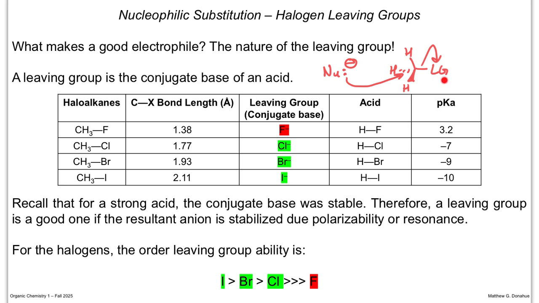for the leaving group, if we look at these different halomethane derivatives, the methyl group's staying the same, and we're just examining the features of the halogen. If you look at the C-X bond, you can see that it increases moving down the group.